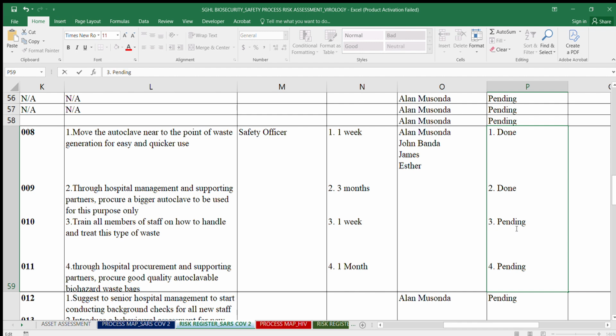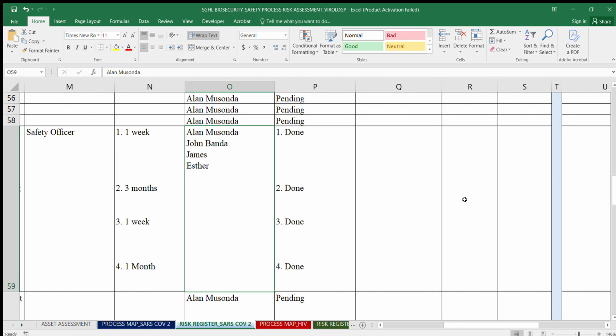You've implemented all the measures that you proposed. Okay, so you say this is also done. And the fourth one, maybe by the 3 months or 6 months mark, everything is done. So depending on how often you are reviewing, maybe everything is done.